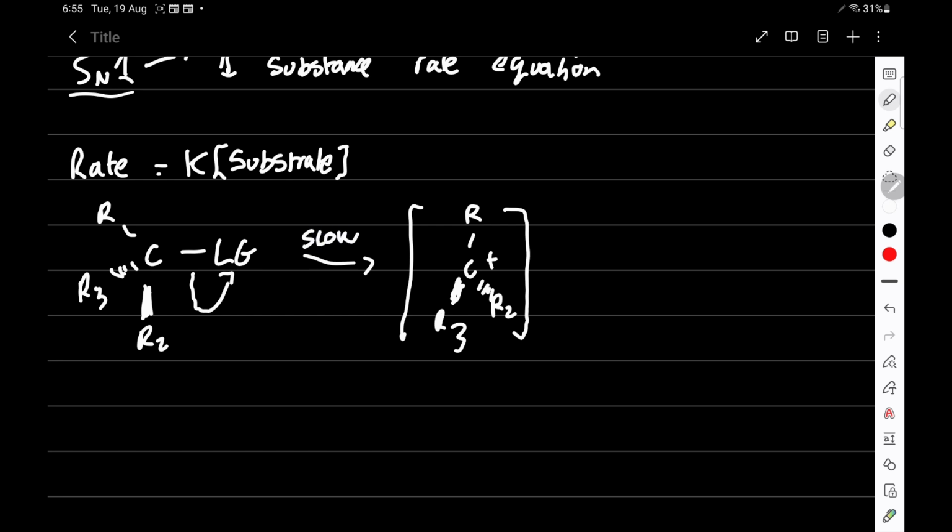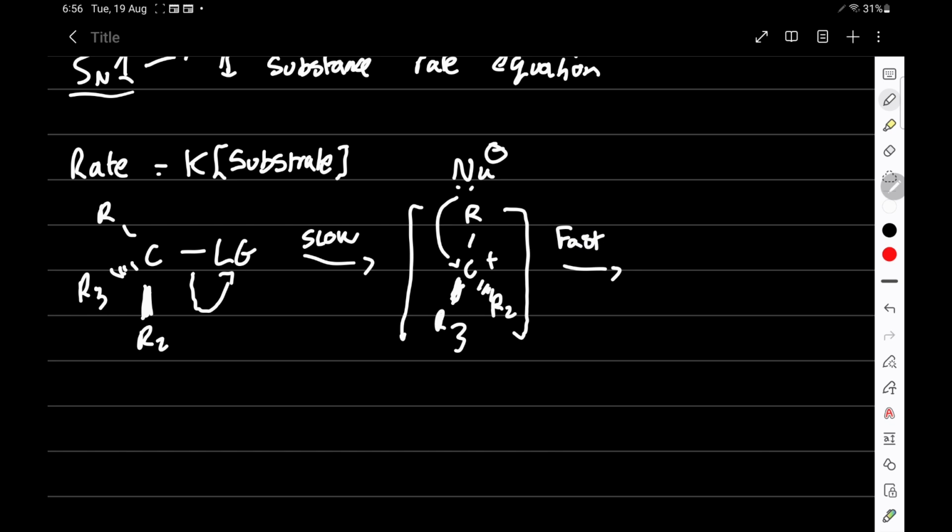This is a slow step because essentially we have to break the carbon to leaving group bond, which is difficult to do without any external help. And it's much slower than the next step, which is our nucleophile attacking the carbocation intermediate.